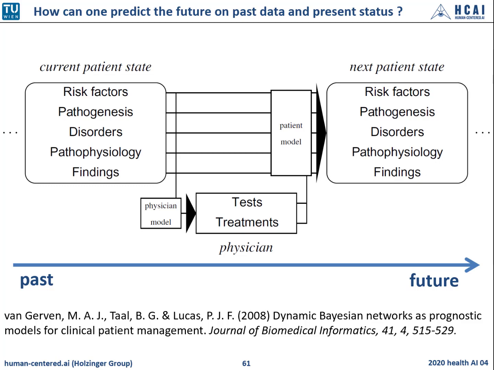Most traditional prognostic models sidestep the explicit representation of time by mapping the current state of the patient directly into the future. And this temporal nature of a problem is often essential to clinical decision making. We know that.